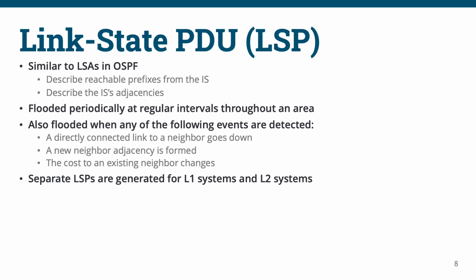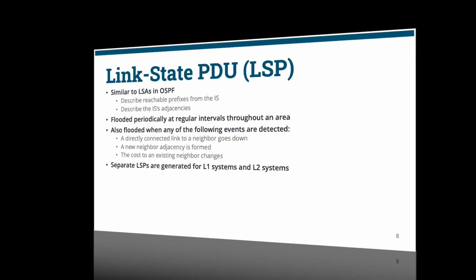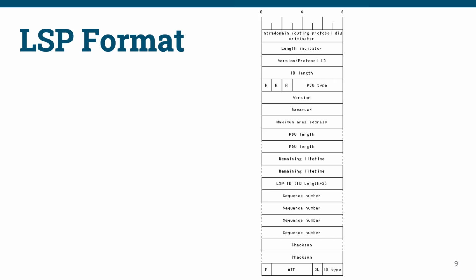So, let's take a look at the bit field format of the link state PDU. As with the IIH PDU, the first 8 octets shown here are the IS-IS PDU common header fields present in every PDU. As we see in the LSP, though, the information transmitted includes the remaining lifetime of the PDU before it should be aged out, an identifier for the LSP, and then sequence numbers, which describe the reachability information, and a 16-bit checksum to validate the data is uncorrupted.